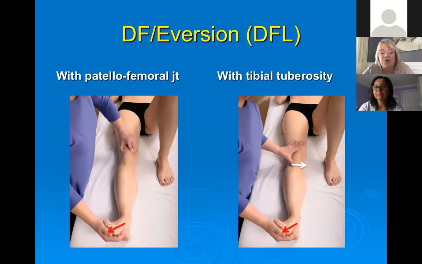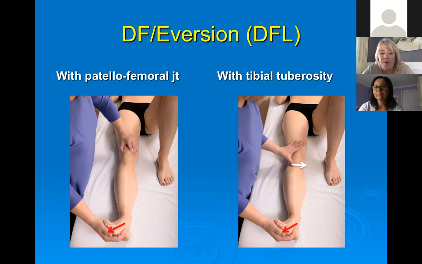Patellofemoral joint, also really interesting. So here I'm doing a traction of the patella in relation to the femur and adding dorsiflexion eversion. When this line is tight, what you feel is that the anchor wants to pull down posteriorly towards the femur. So that's not an ideal condition when somebody's walking to have increased patellofemoral compression that way.